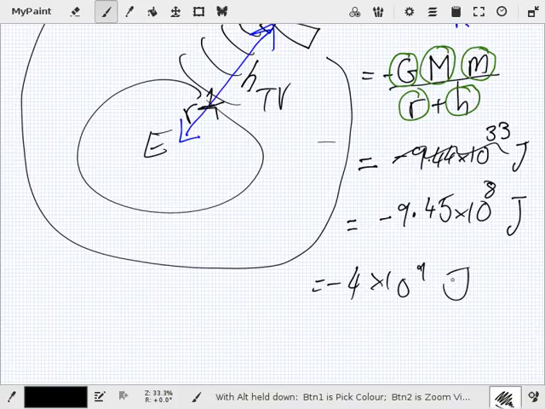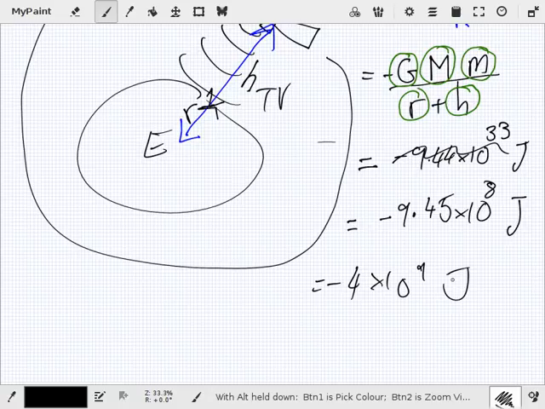Let me change this G. I need to bring my calculator.